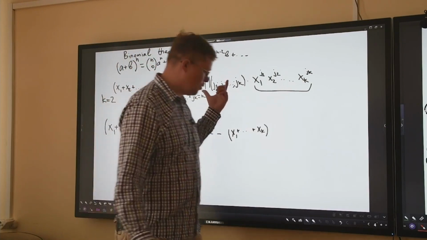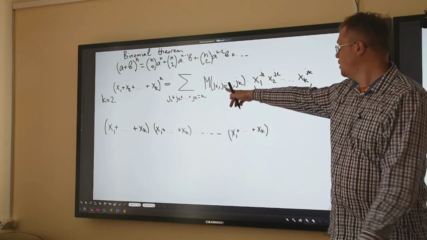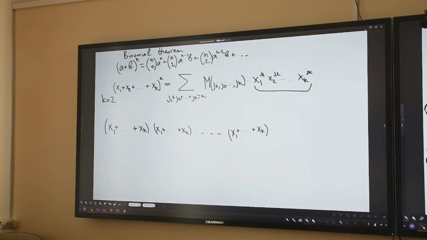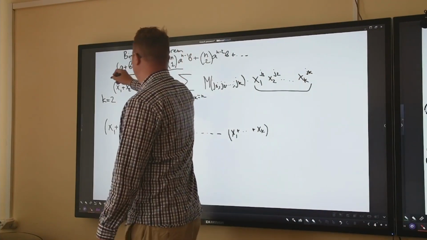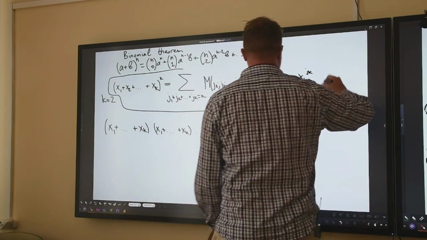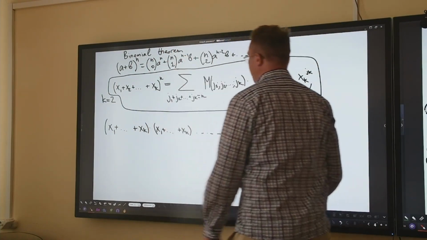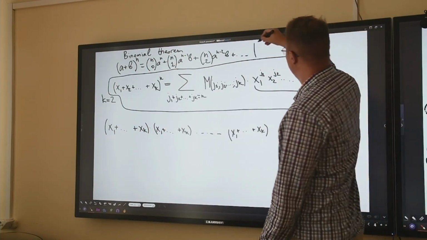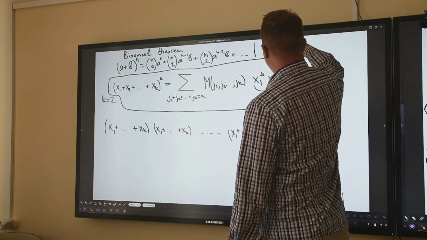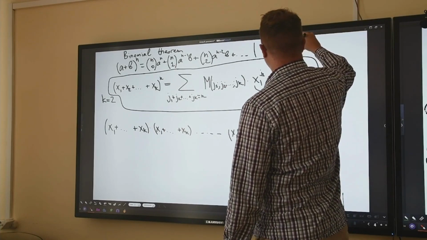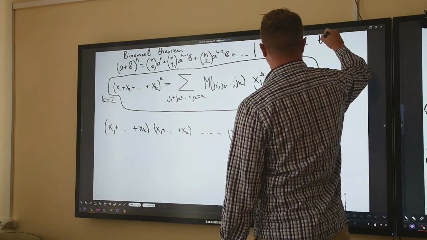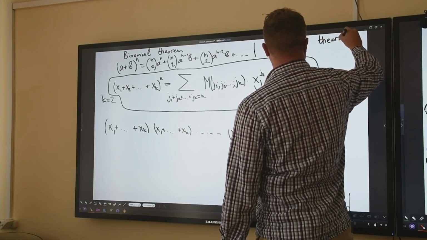The coefficient will be the multinomial coefficient of this g1, g2, gk. And similarly to the binomial theorem, this is called the multinomial theorem.